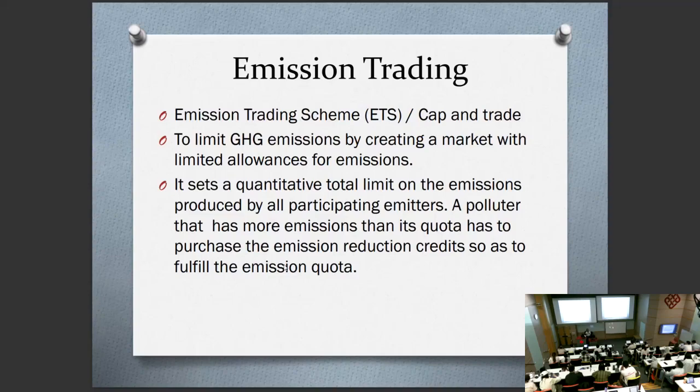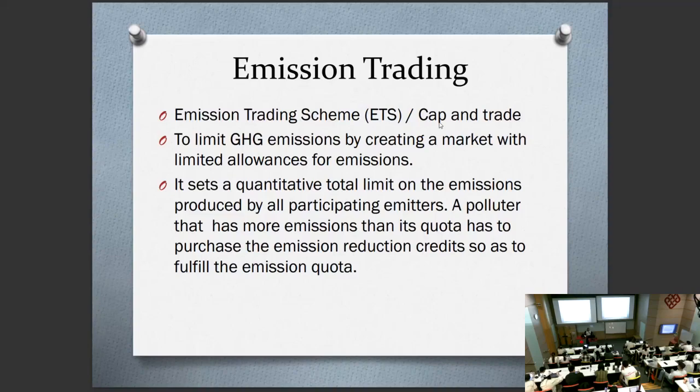Cap is to cap the ceiling of the emissions, and then we can trade the credits. So to limit the greenhouse gas emissions by creating a market with limited allowance of emissions. So credits means the allowance of emissions. So we cap the emissions, and then we can trade the credits. That is, we trade the allowance for emissions.